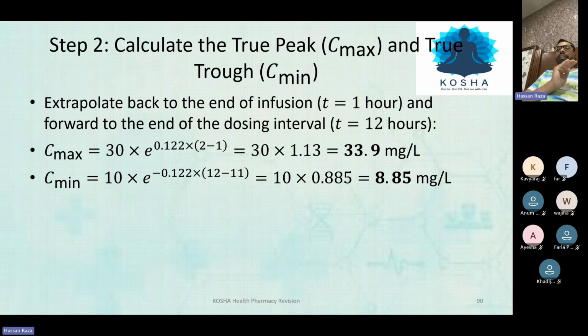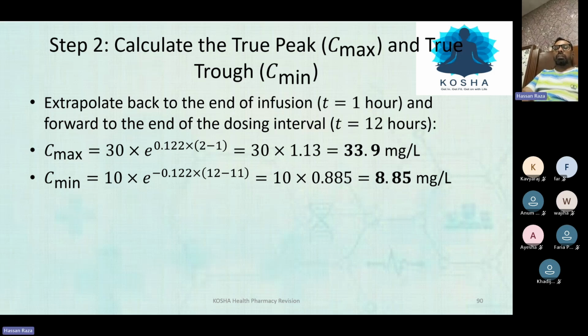But we cannot and we should not draw the sample at 9 o'clock. Why? Because we know pharmacologically that at that instant, the drug will be distributing into the peripheral compartment. Therefore, we will use this formula to theoretically know the maximum concentration.